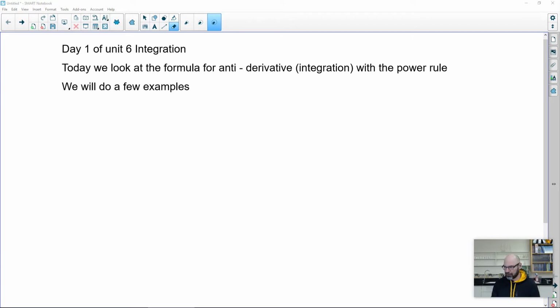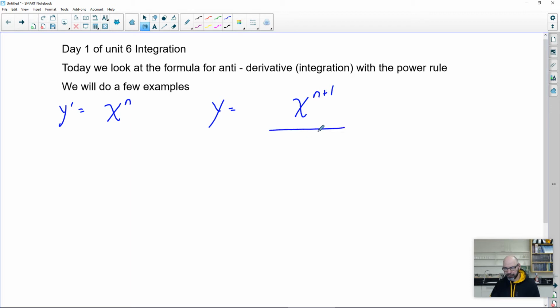So let's start off by stating the antiderivative rule. Let's do this in blue. If you have y prime, the derivative, equals x to some power n, to get back to the original y, you simply add 1 to the n and divide by that power on the bottom, plus some constant that you might have.